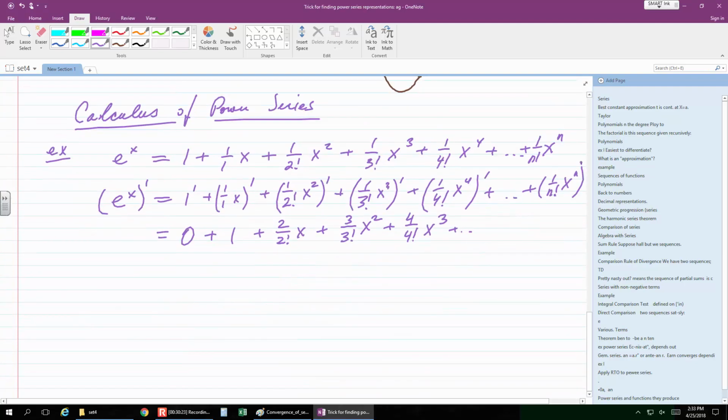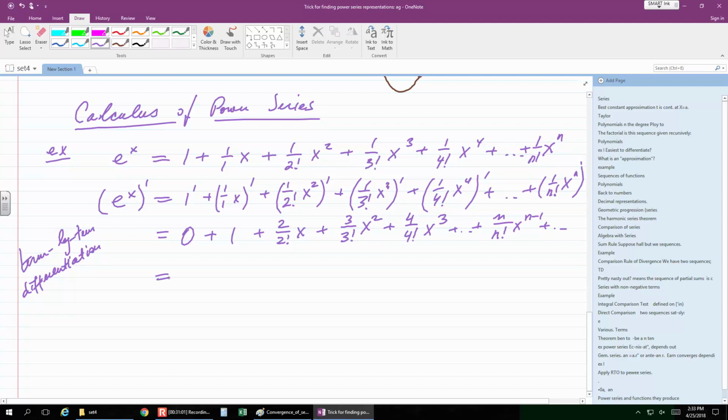If this is prime, I will have n over n factorial x to the n minus 1. Okay, so that is term by term differentiation. And you can see how easy the differentiation is, because what are the terms? They are power functions. So all you need for differentiation of power series is the power formula, right? Which is what I just did. So x squared derivative is 2x. Derivative of x cubed is 3x squared. Derivative of x fourth, 4x cubed, and so on.